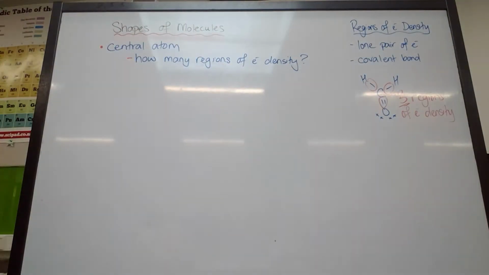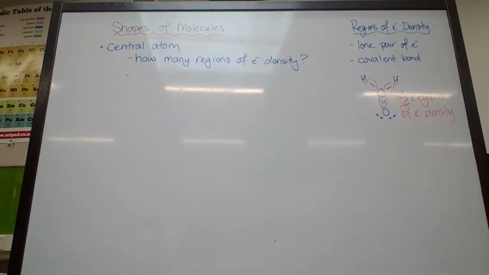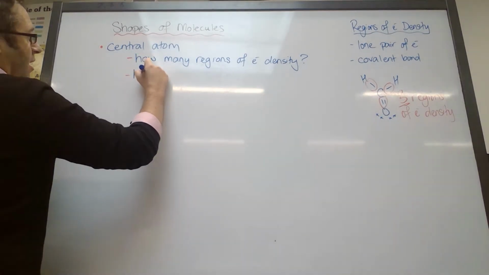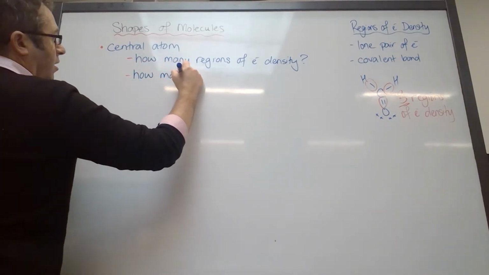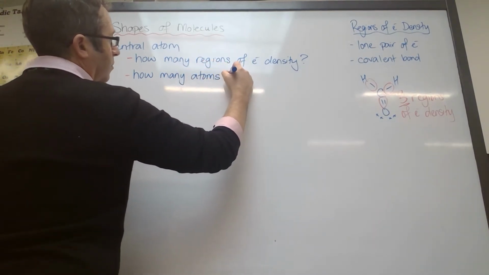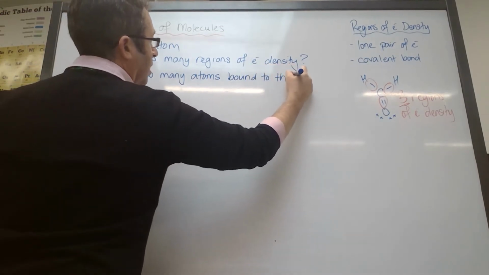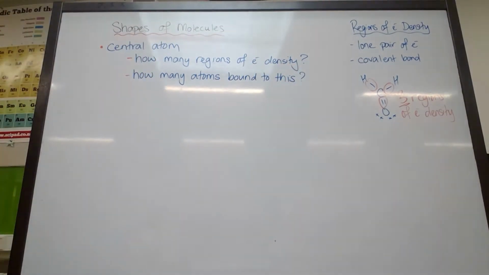Then when I'm looking at working out my shapes, I need to ask how many atoms are bound to the central atom, because that's going to determine my shape as well.